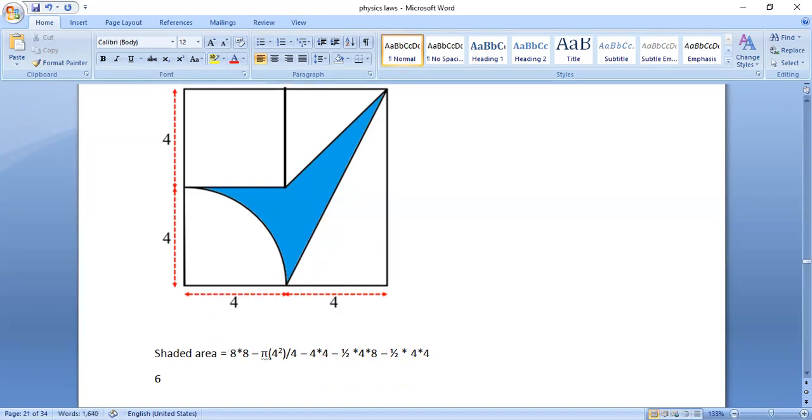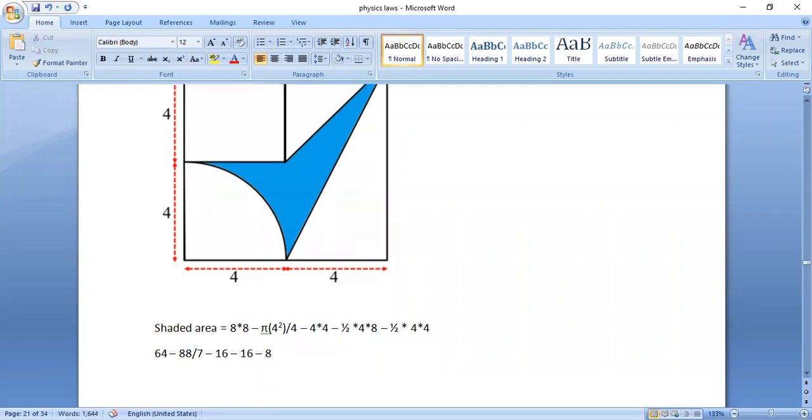Okay, so this will be 64 minus 4 square 16 pi by 4, 4 pi. So 88 by 7. I'll just write it here. Minus 16, minus 16, minus 8.